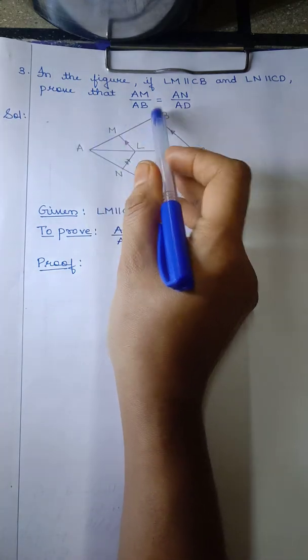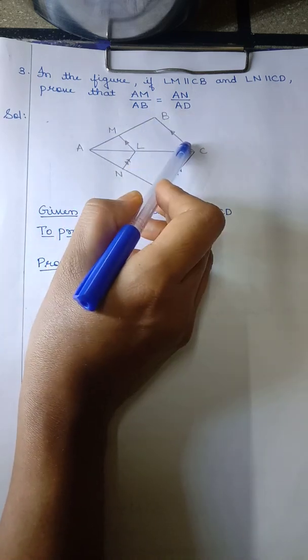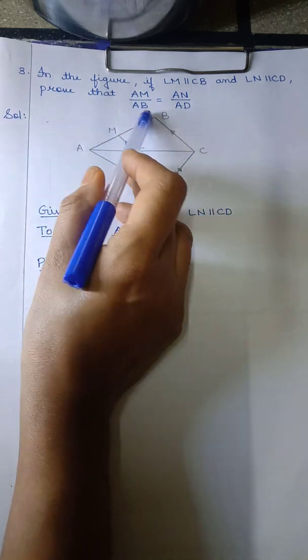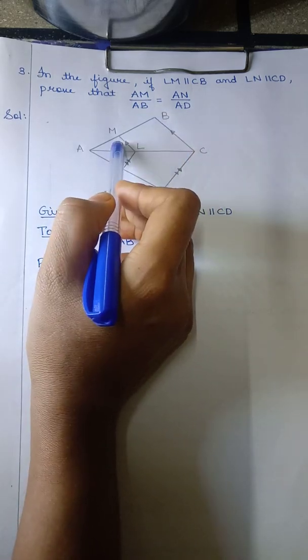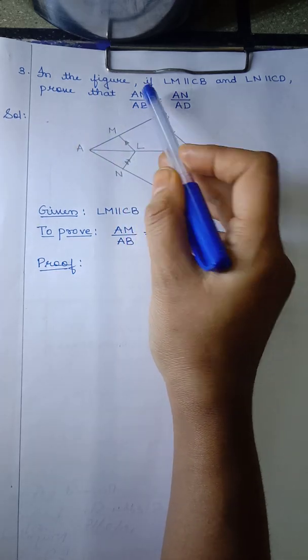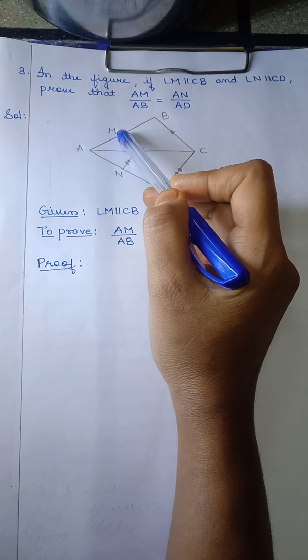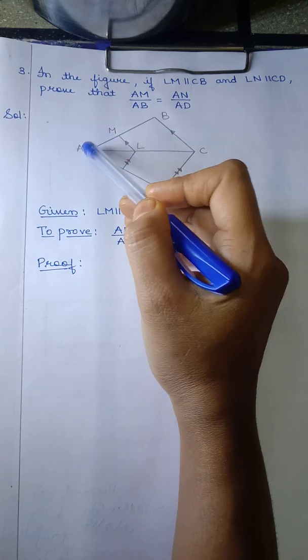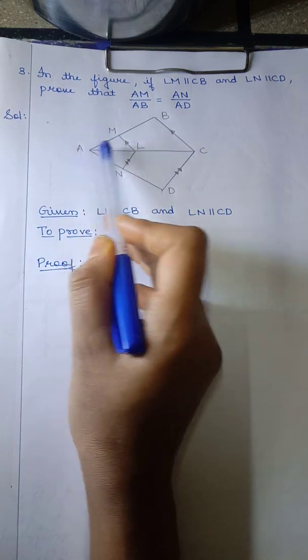So now here in triangle ABC, LM is parallel to CB. When the lines are parallel, according to Thales theorem, we can write AM by AB. To prove is AM by AB, so you have to take the ratio in this form only. Corollary we have learned. So AM by AB will be equal to AL by AC.